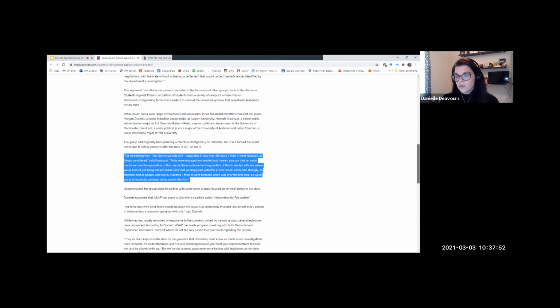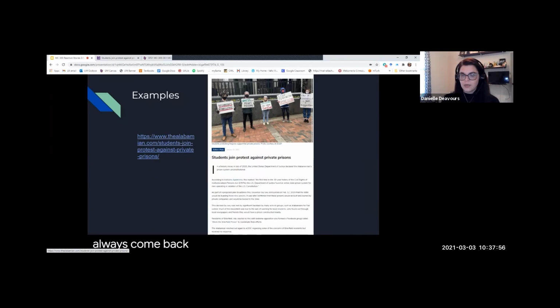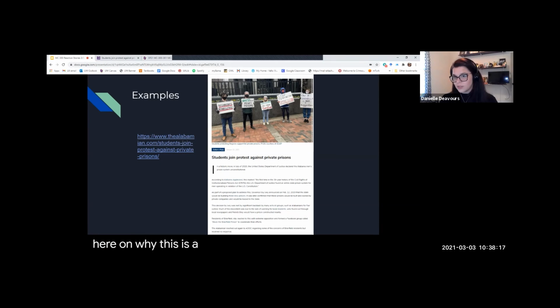If you read through this article, and again, you can always come back and click on this link to read through it more in depth, you'll notice that they present why private prisons are being proposed in our state and the argument for it, even though they are featuring the organization that's protesting it, right? So we're getting multiple perspectives here on why this is a social issue that matters.